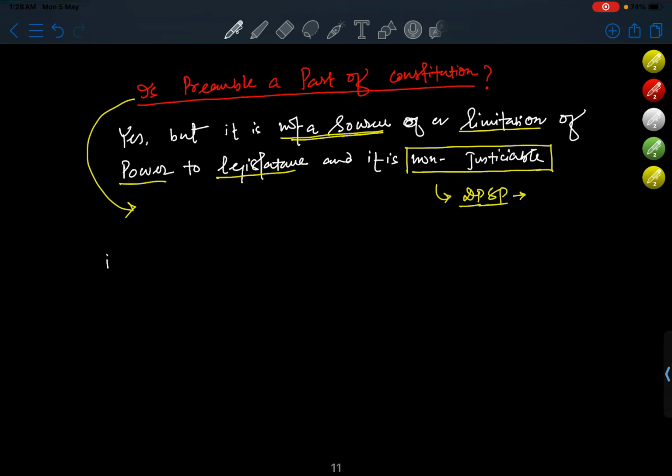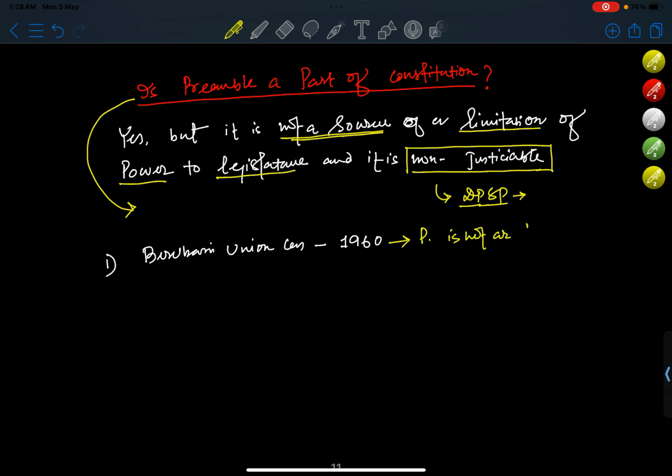Number one is the Berubari Union case, Berubari versus Union of India, 1960. In that case, the Supreme Court said the preamble is not a part of the constitution. Next, Kesavananda Bharati case. This is a landmark judgment in Indian history.